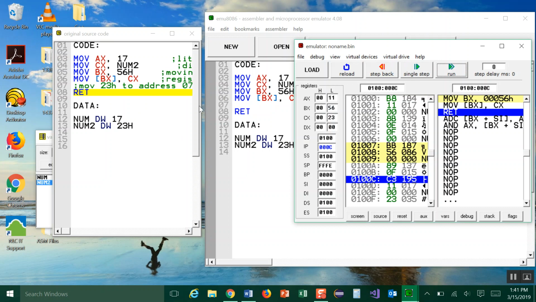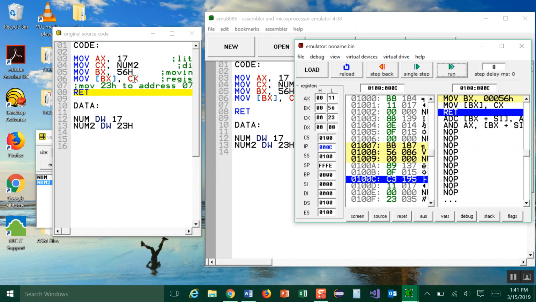Okay. And then we are saying, let's move CX, which has 23, into square brackets BX. And remember, what does BX have? It has 56H. And square brackets means it's not the value, but the address.